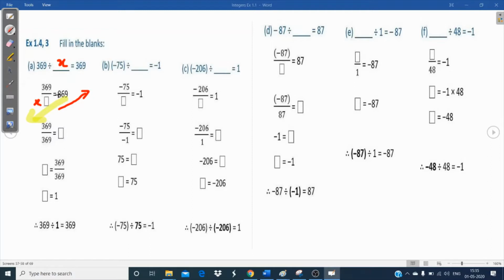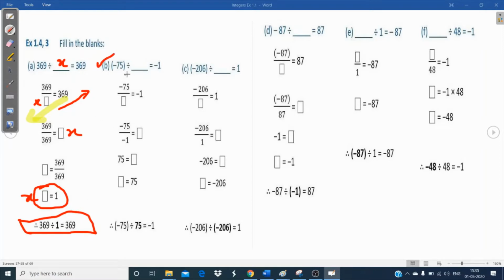Now you can see this thing, student, 369 is here in the denominator, and x will go there in the numerator. So x will come here. Now when you resolve this thing, what will you get? 1. So this unknown integer, the value of x, is 1. So 369 divided by 1, you will get 369.